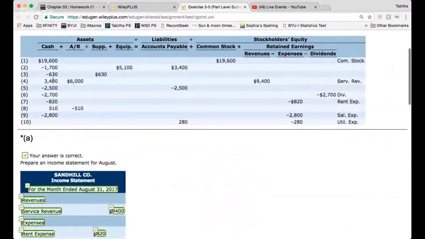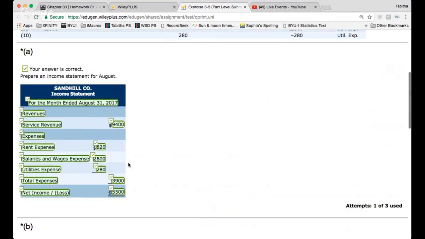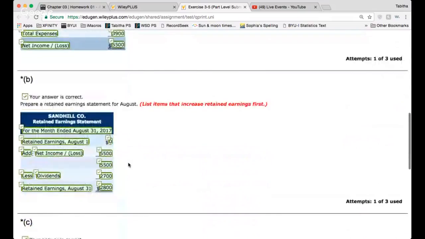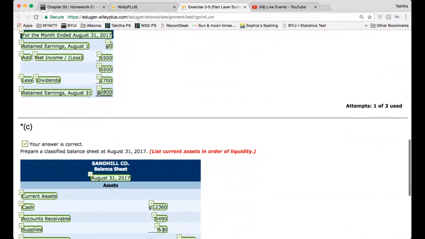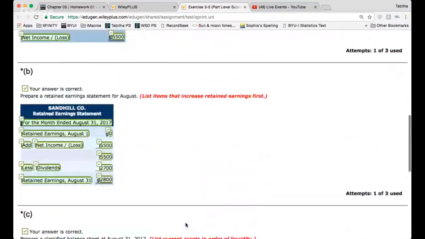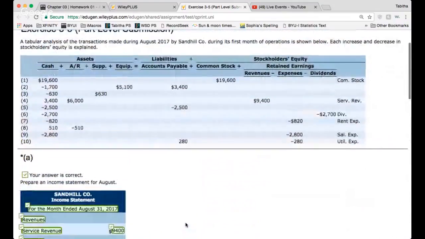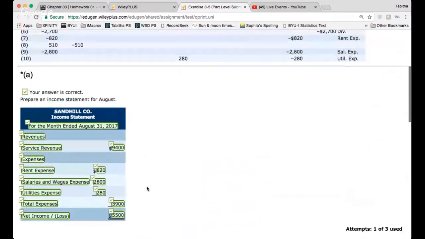We have to compute all of these ins and outs of cash, so our positive and negative cash flow here, with an ending total for cash of 12,360. So we do the cash first, then the accounts receivable, and our supplies of $630. We have just a one-time transaction here of $630 for supplies.